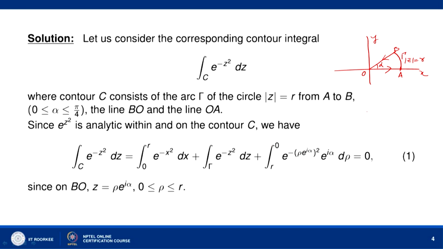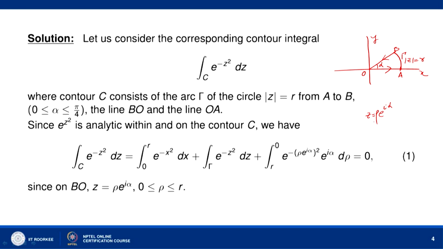Now, along BO z is equal to rho e to the power i alpha, where rho varies from r to 0. So, we get e to the power minus rho e to the power i alpha square, e to the power i alpha. Every point z on the segment OB has argument alpha, and let us say magnitude rho.